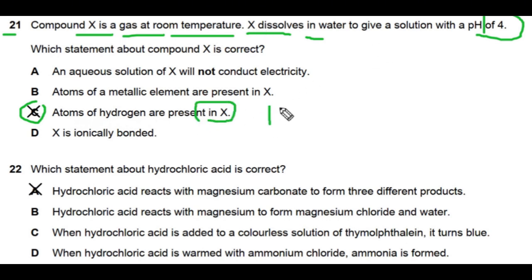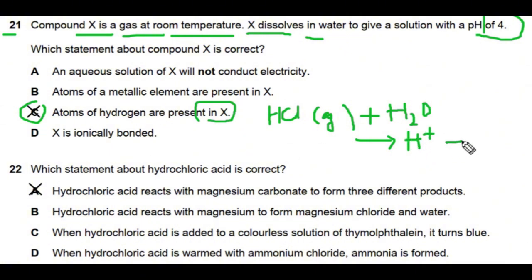Compound X, hydrogen chloride gas, dissolves in water to produce hydrogen chloride aqueous, to produce hydrogen ion plus chloride ion.